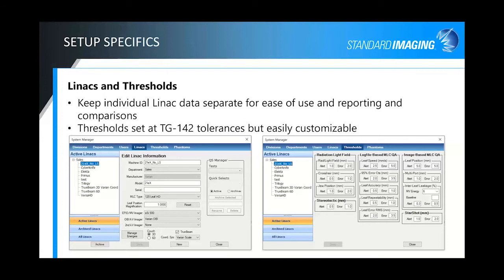That all gets put into the database management system for the specific facility. And then on the right, you'll see the thresholds for the individual tests. These thresholds are set at the TG142 recommendations, but like I said, you can customize them for your results as well if you want to loosen or tighten the tolerances as you see fit.